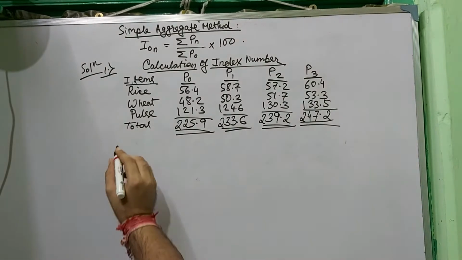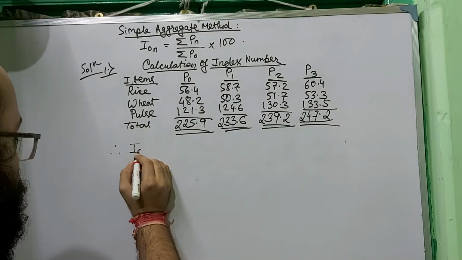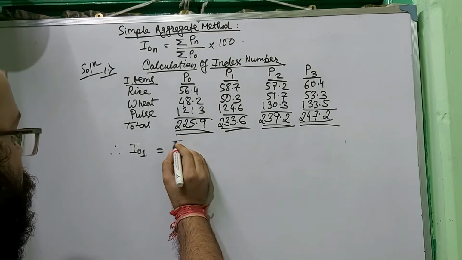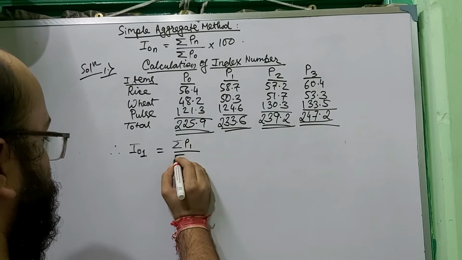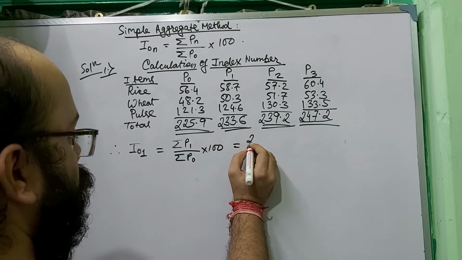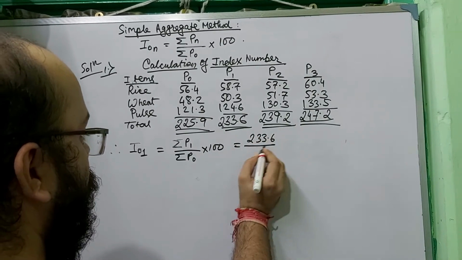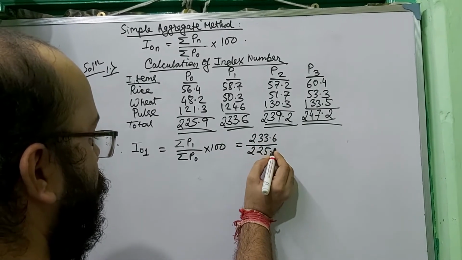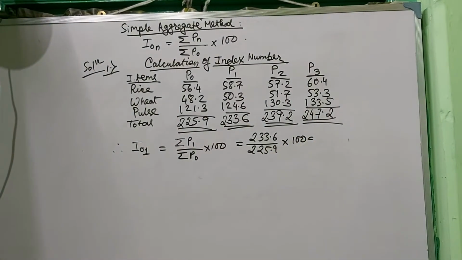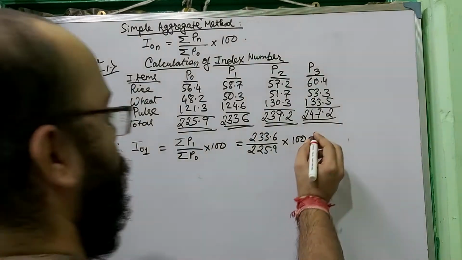Therefore I01 means on the basis of 1981 to 1980. How? Obviously the formula is P1 by P0 into 100: 233.6 by 225.9 into 100, it will become 103.4.